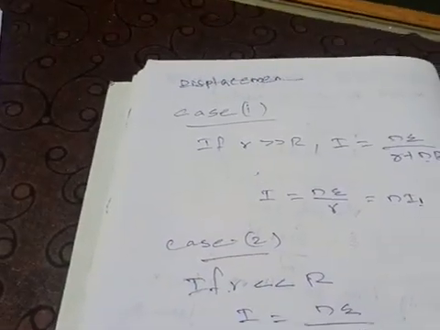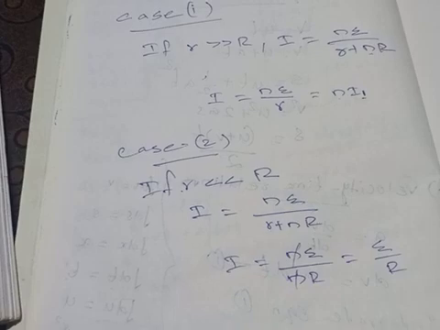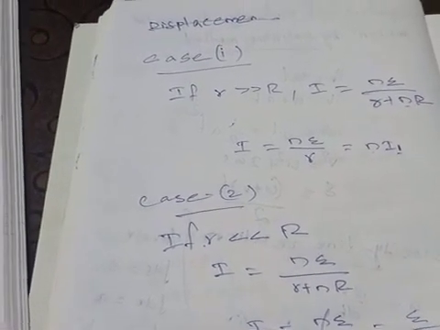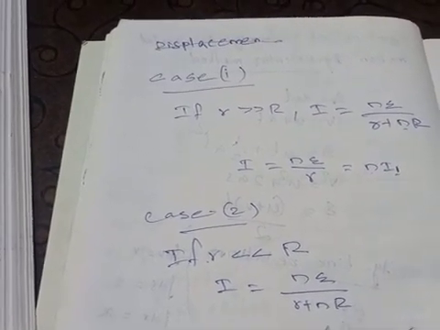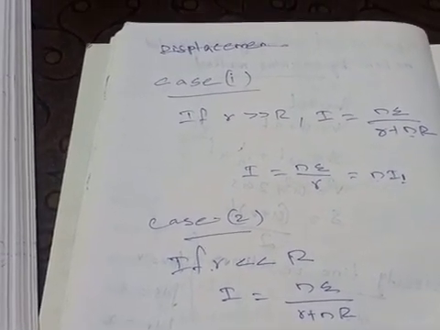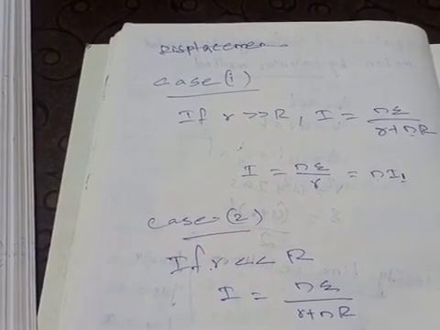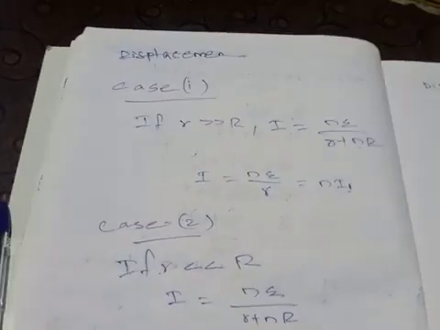Now you can conclude that the current due to the whole battery is the same as that due to a single cell. This is the advantage of connecting cells in parallel when the external resistance is very small compared to the internal resistance of the cell.